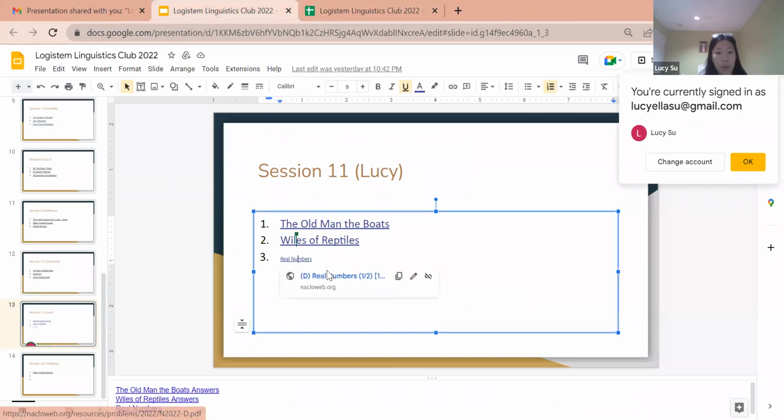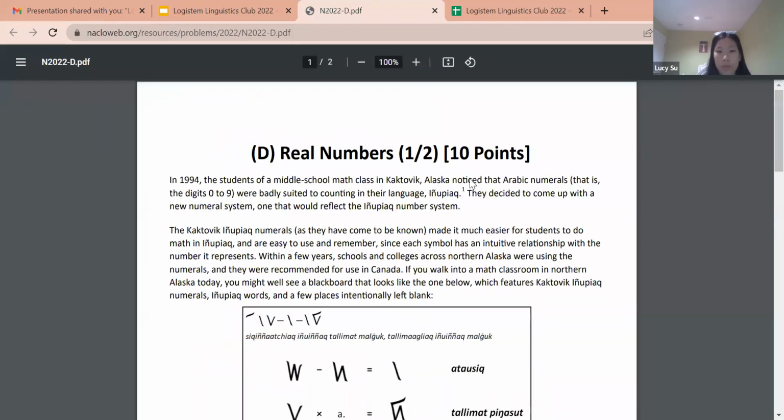Okay, so I'm going to go to the last problem. In 1994, the students of a middle school math class in Alaska noticed that Arabic numerals from digits 0 to 9 were badly suited to counting in their language. They decided to come up with a new system that would reflect the Inupiaq number system.